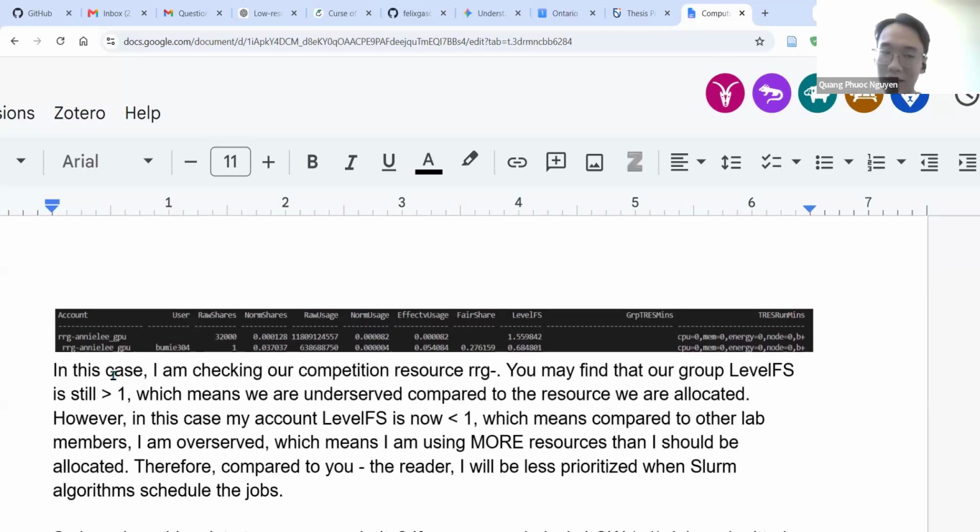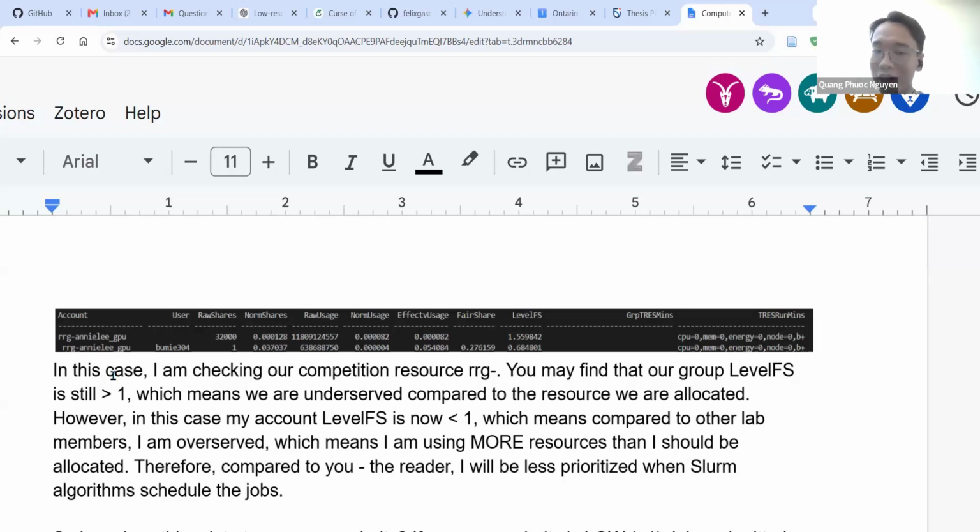So in the RRG account, we are allocated around 32,000 years of GPU computing resources. And you may see that our fair share level is still greater than one. So we are making use of our resources, but we are still underserved compared to maybe other research groups.